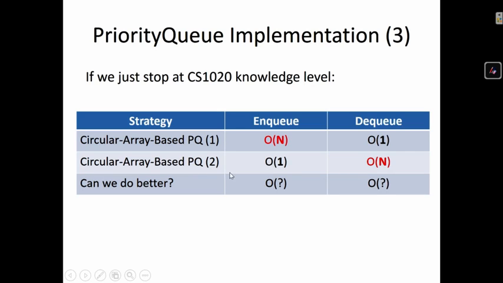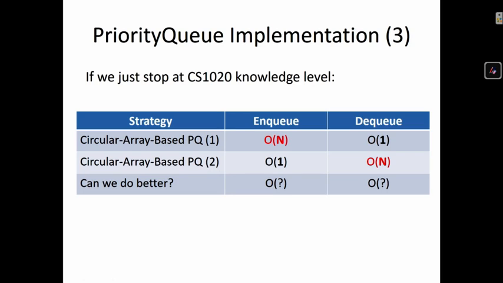But there are very few applications where I can say that I have lots of dequeues but very few enqueues. Why? Because you can only dequeue as much as you enqueue. So my opinion is that the second one is slightly better.